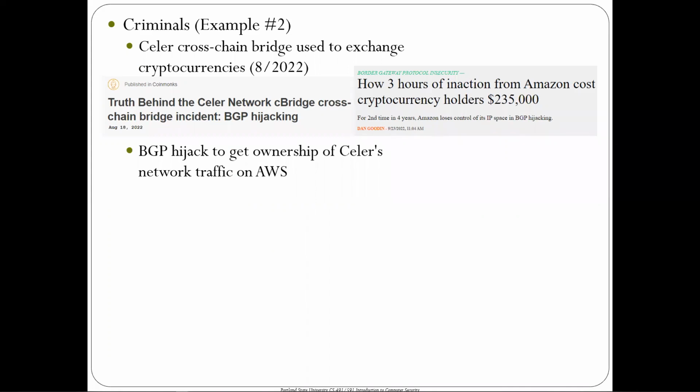The Seller network saw this happening and immediately tried to get AWS to do something about it. And it took 3 hours. As a result of just 3 hours, they lost almost $250,000. But this is actually pretty good in terms of a response. 3 hours is pretty good, but you could still lose a lot.